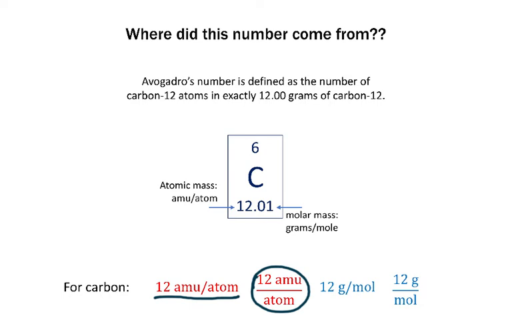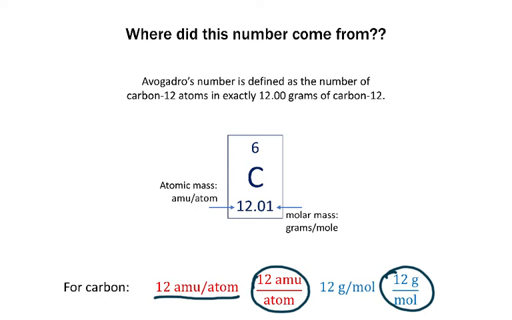Now that same number also means grams per mole. Okay, so this is actually really quite useful, right? This means that that number in the periodic table, that 12.01 for carbon, that's the mass of an average atom in AMU, or it's the mass of a mole of atoms in units of grams.